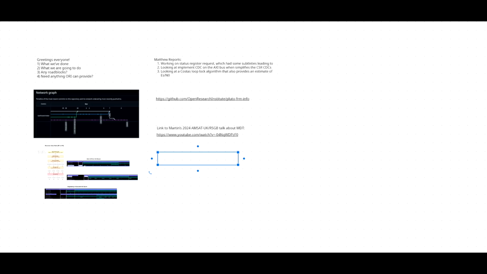A relevant point here is if you ever played with the Green Cube satellite when it was operational, IO-117, people had a lot of trouble working that because everyone was trying to get into it at once, and it could only deal with one uplink signal at a time, right?